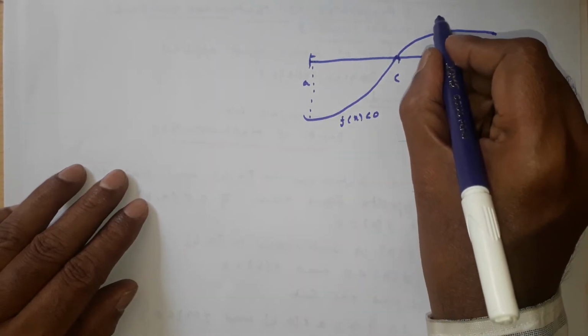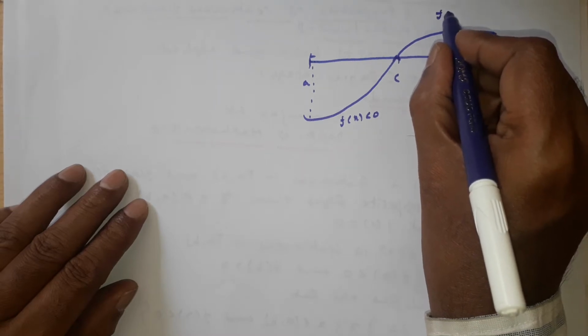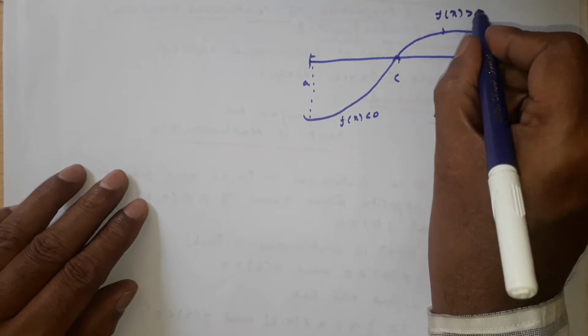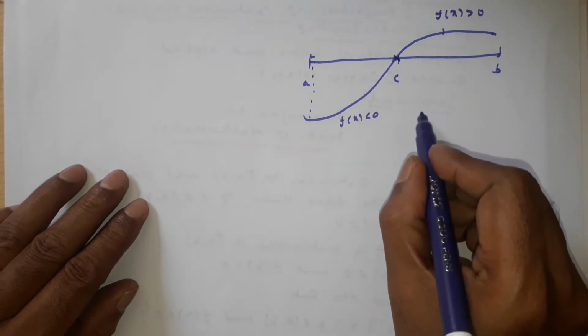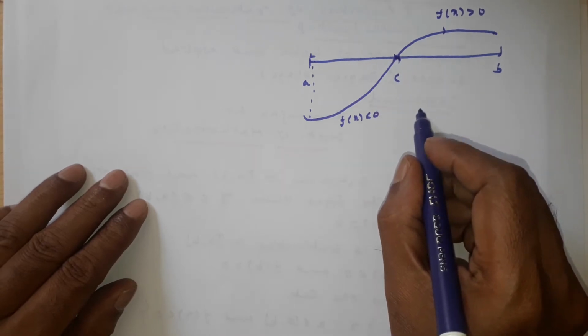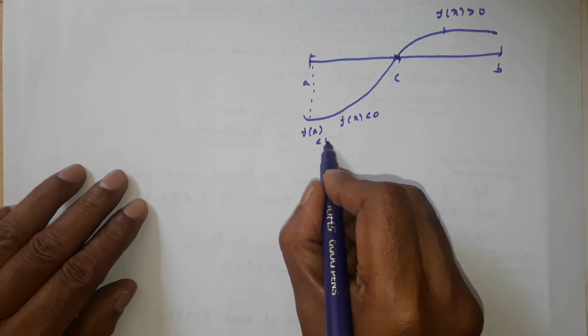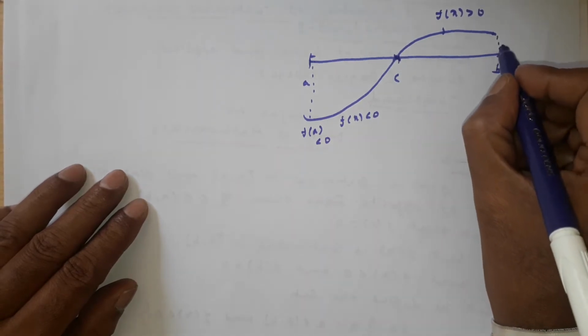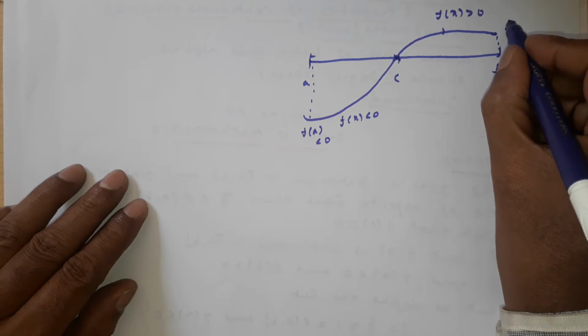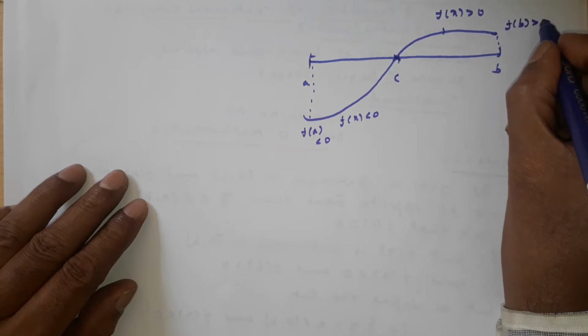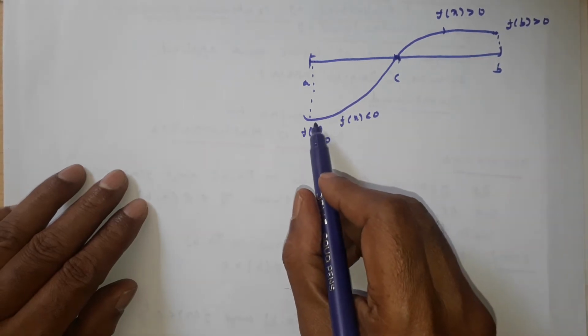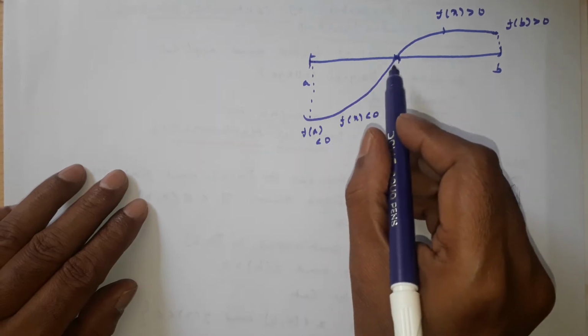Here f of x is greater than 0, so automatically f of c must be less than 0. Even this f of a is also less than 0, and this f of b is greater than 0. We define the set with f of x less than 0 for all x values.